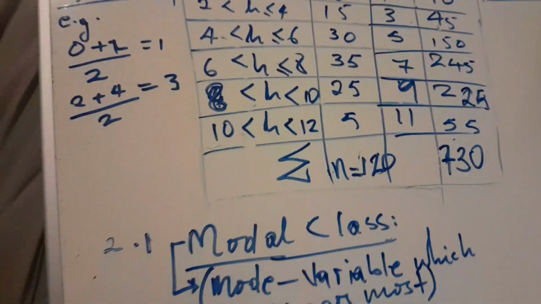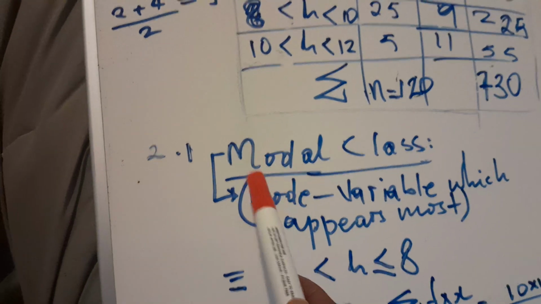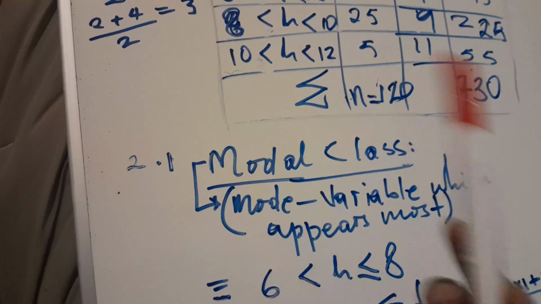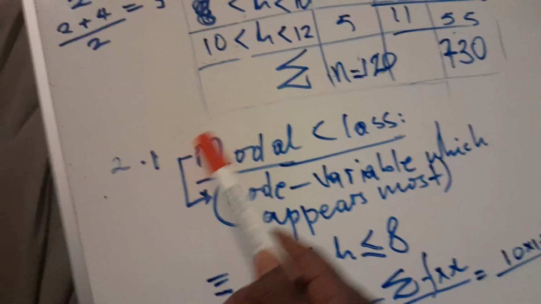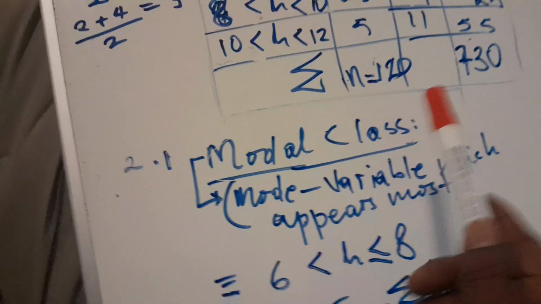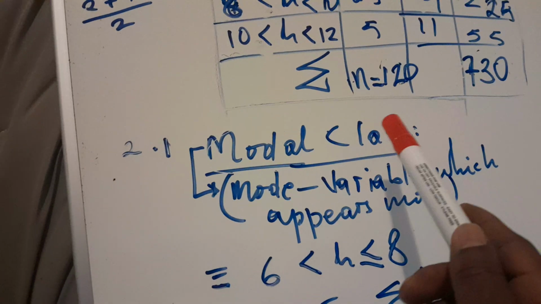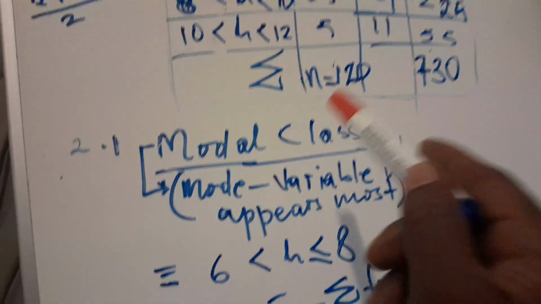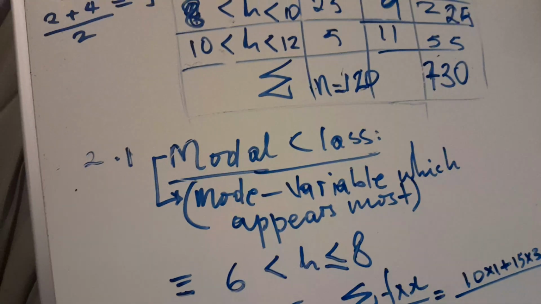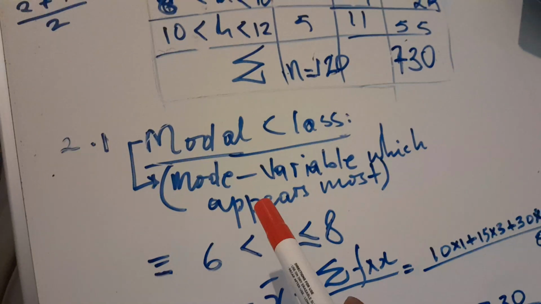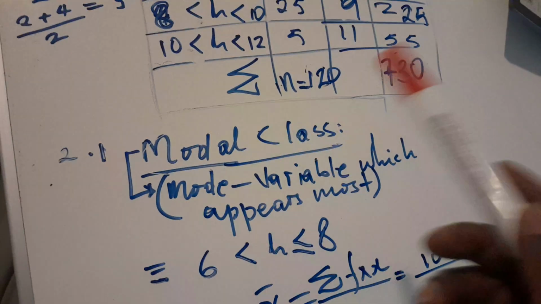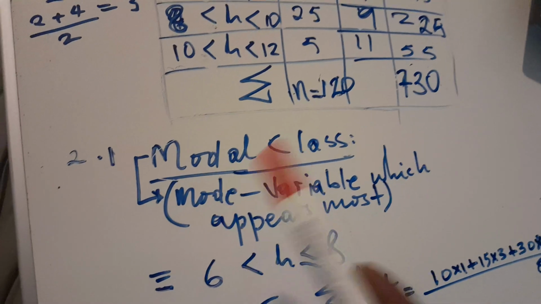Now, when the data is grouped like this, you can't talk of a mode. That's why the question here wants you to find the modal class, the class interval to which the mode appears. As you know, mode just simply means the variable which appears most, the most frequent variable in the distribution.